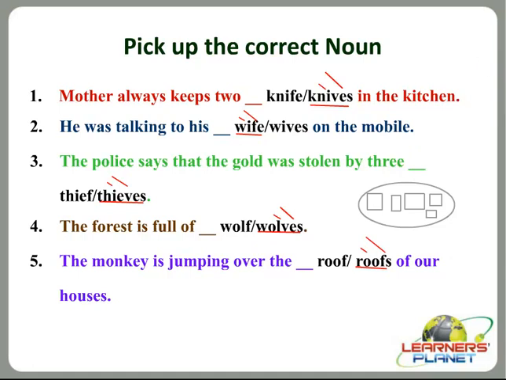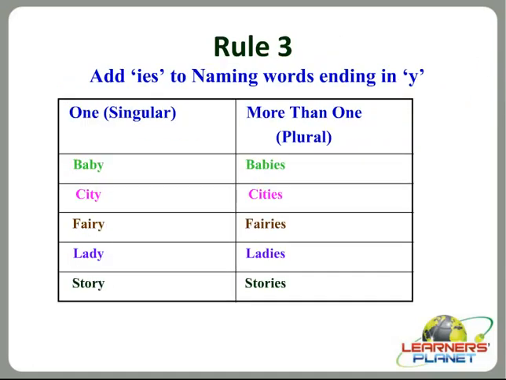Now students, let's go to the next rule. Add IES to naming words ending in Y. Baby, city, fairy, lady, story.